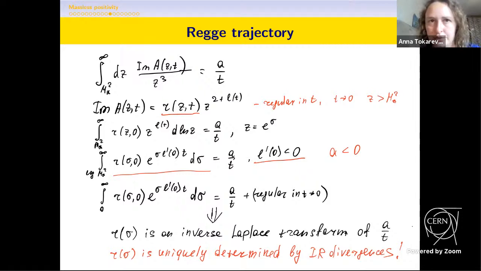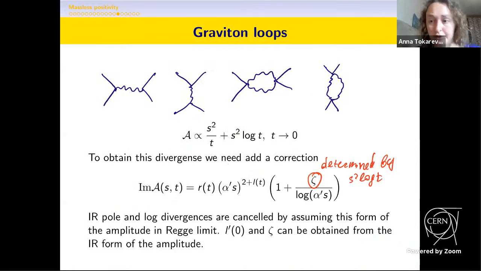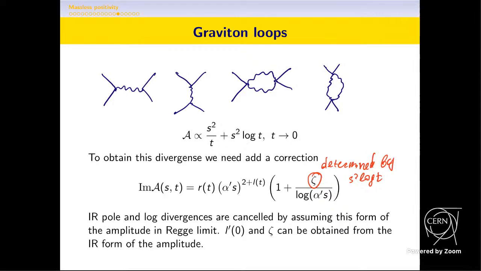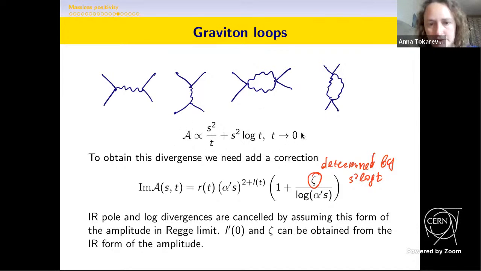It actually determines how the UV theory should look if we want it to be unitary and good in many senses. So from the infrared theory, we can deduce what the form of the amplitude in the UV limit should be. Not in all UV limits, because we have two variables, s and t, but in the limit t to 0, s to infinity. So this is the infrared form of the amplitude.